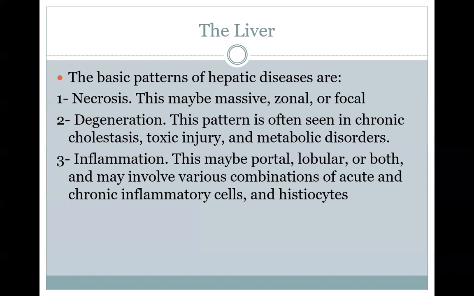Degeneration in this case may take the shape of accumulating a certain metabolite in the liver cell itself, such as glycogen, for example, or fat. As innocuous as fat was thought to be, we know now that the fatty infiltration, the microvesicular steatosis that happens in the liver cell, may actually result in a rupture of this liver cell.